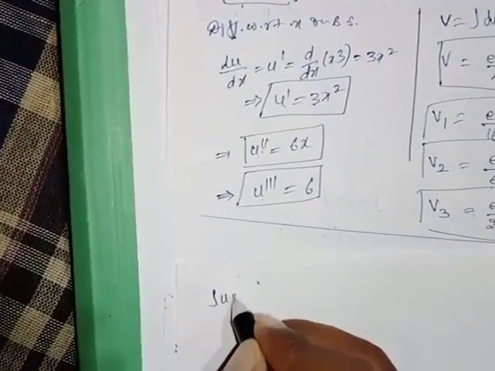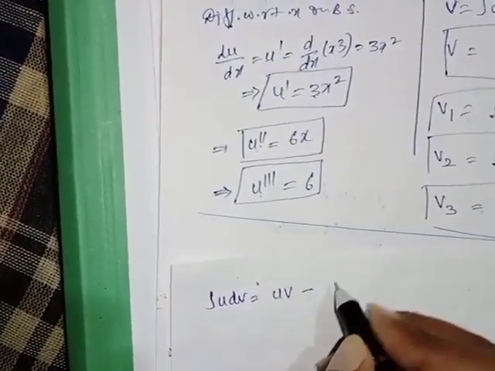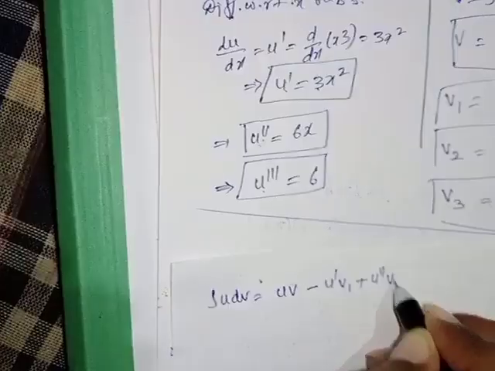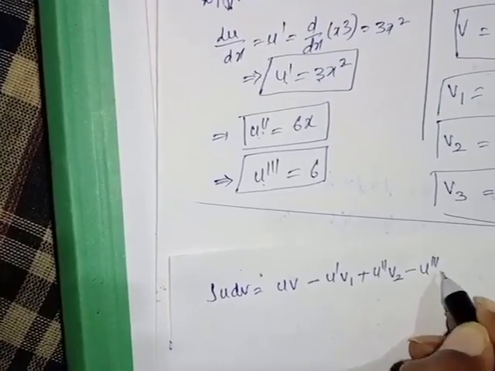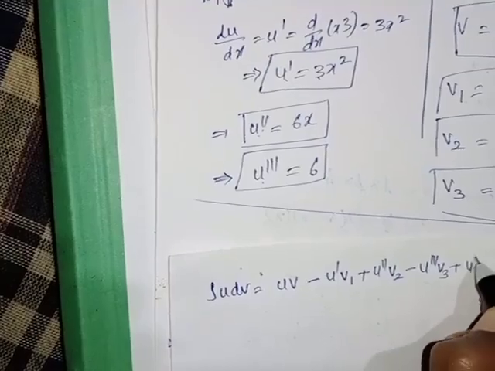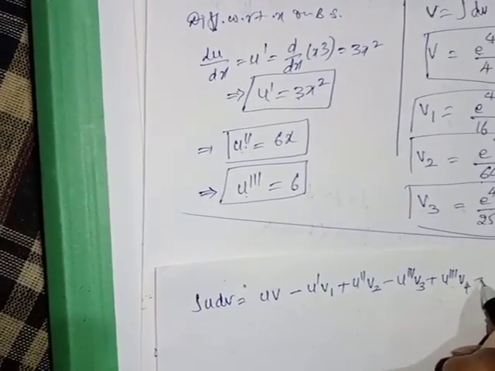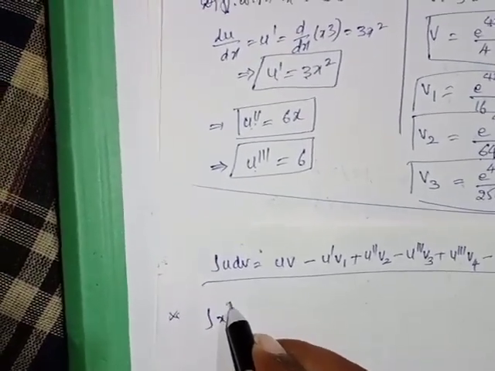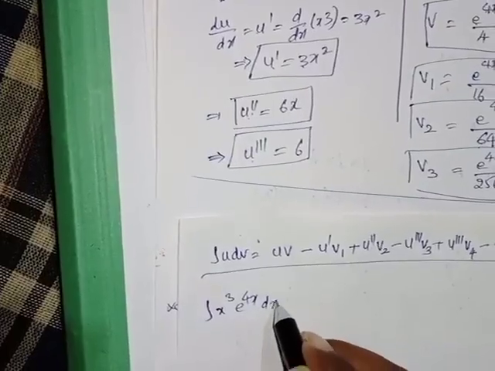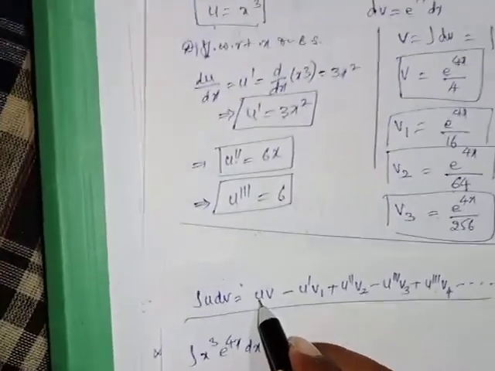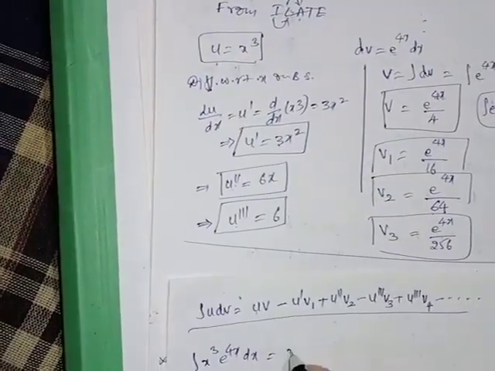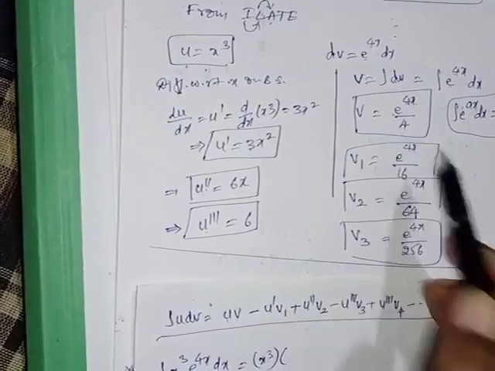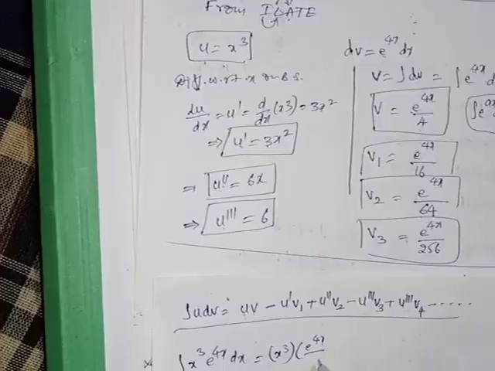So the formula is integral of u dv is equal to u into v minus u dash into v1 plus u double dash into v2 minus u triple dash into v3 plus u four dash into v4 minus, and so on. Here the integral of x power 3 e power 4x dx is equal to u, the u value is x cube, into the v value, e power 4x by 4.